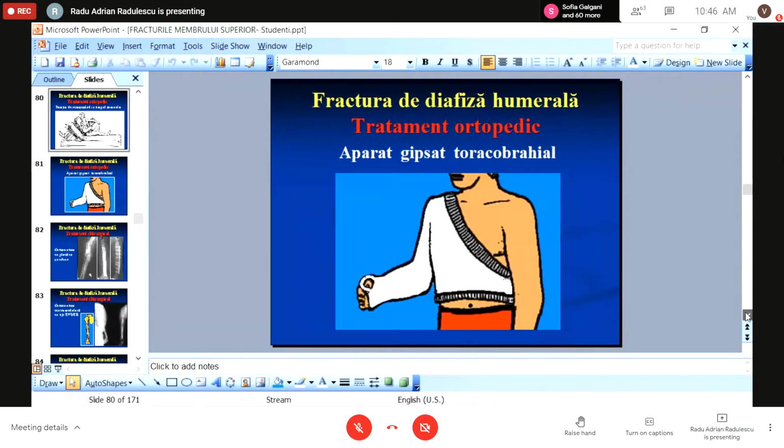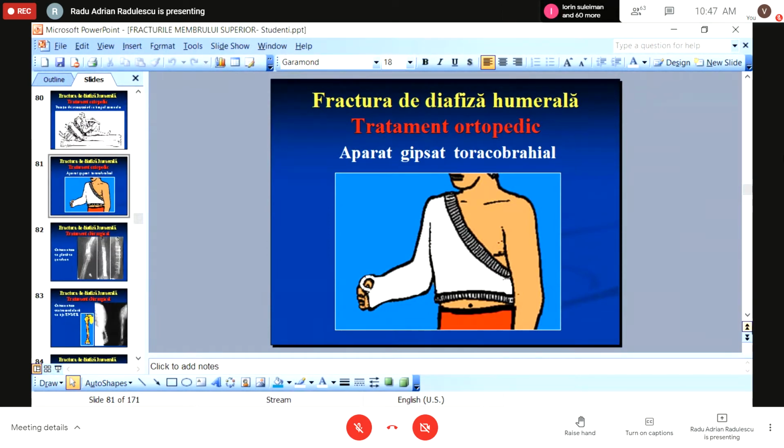The other one is this one, which is a cast, like you can see here, which contains the shoulder joint and the elbow joint. This kind of immobilization is usually very solid. So from the point of view of immobilization, it is a very good device, but it's accompanied by complications at the level of the neighboring joints, especially the shoulder and the elbow.